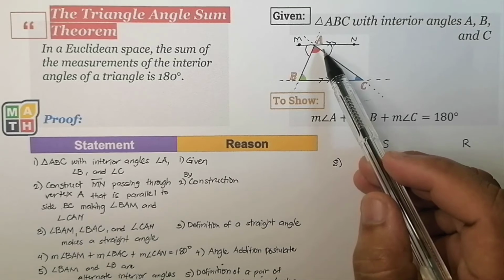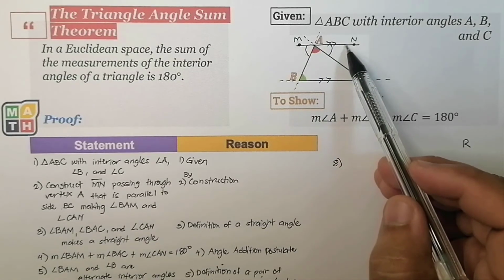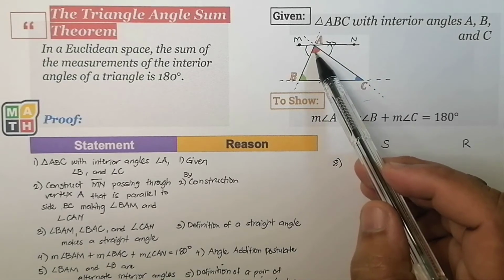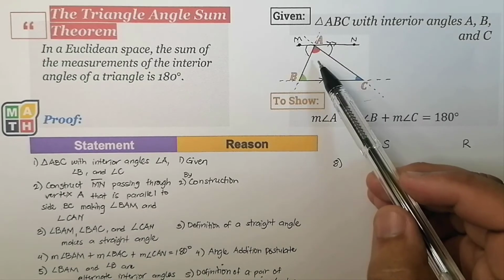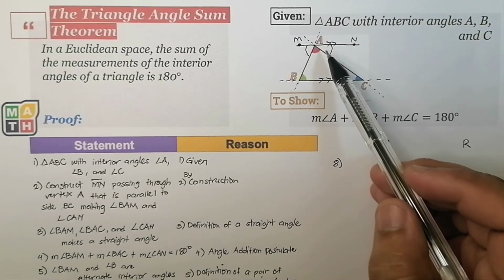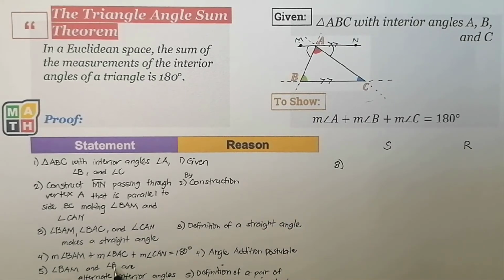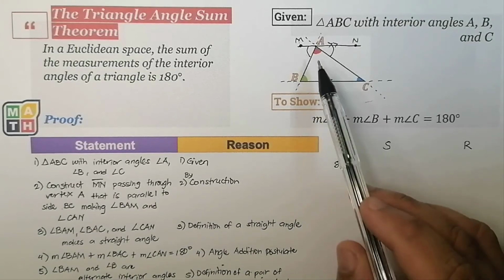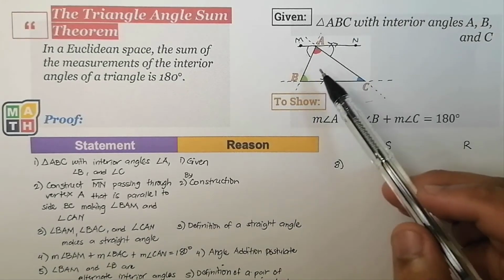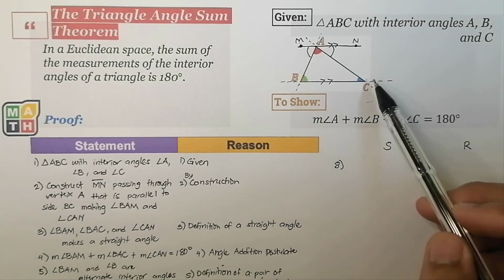However, since we have constructed a line segment MN, that vertex now is shared by 3 different angles. Thus, we can no longer call it angle A. However, earlier, looking back at statement number 4, instead of calling it angle A, we either called it angle BAC or CAB.